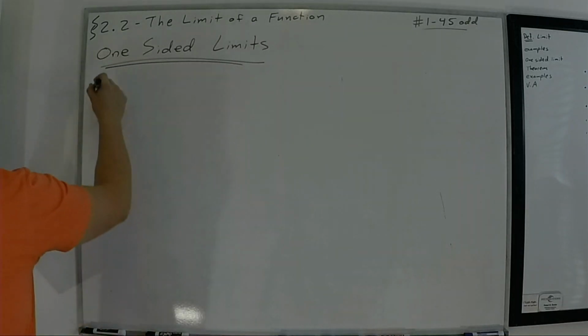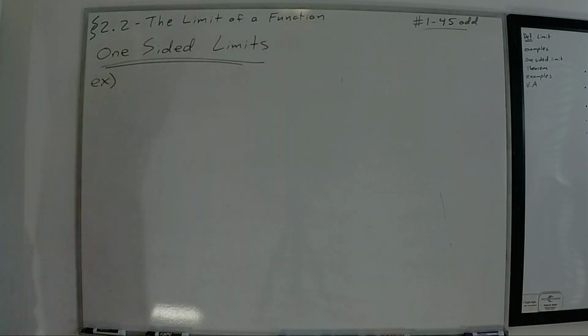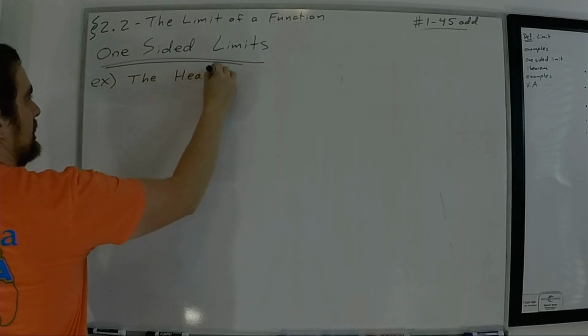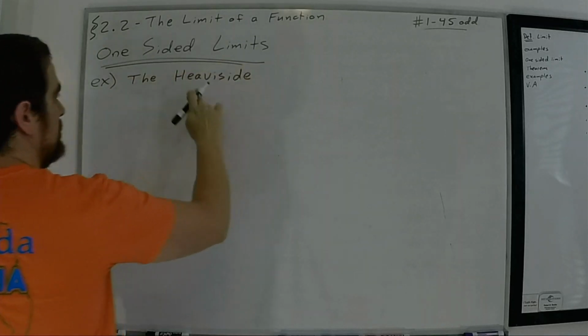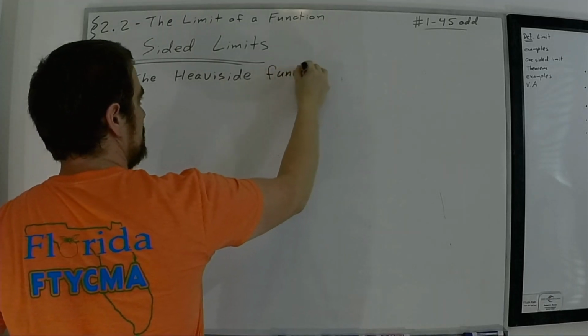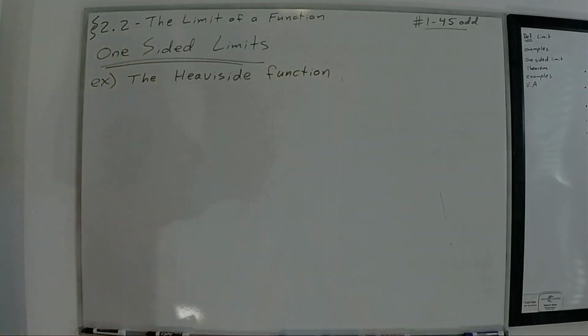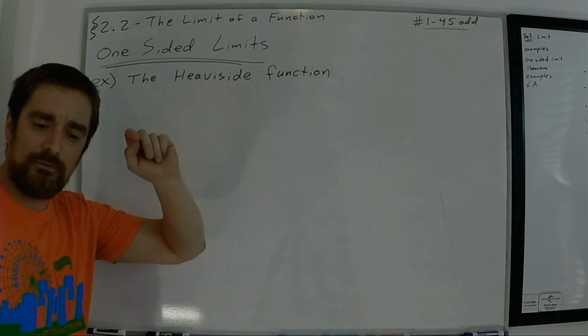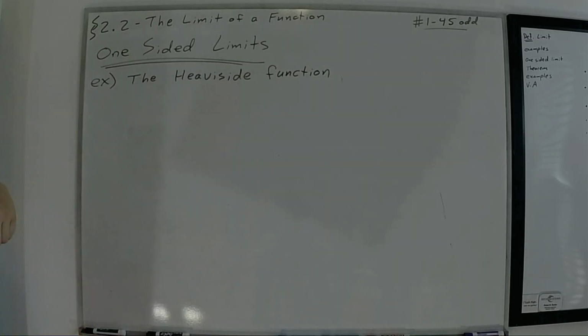So what I want to do is start off with a motivating example, and this is a pretty popular function known as the Heaviside function, with 2 i's in it. Heaviside was a man, that's why it's capitalized. Heaviside was, I believe, an electrical engineer. Maybe double check my facts. Type in Heaviside, I forget his first name.